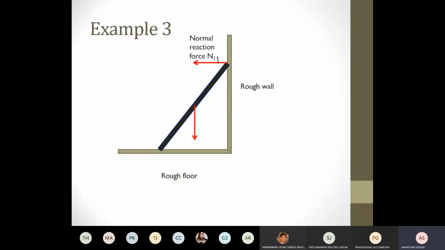Normal force is always 90 degrees from the surface. Here also the ladder is pressing down, so the normal force acts up. So normal force acts in two places. Friction acts up here and friction acts to the right here. So these are the 5 forces acting on this body.